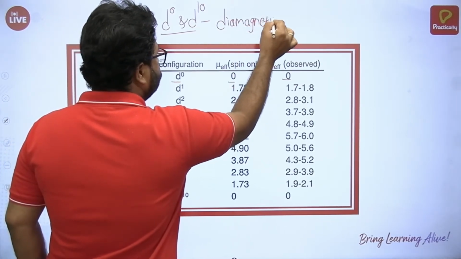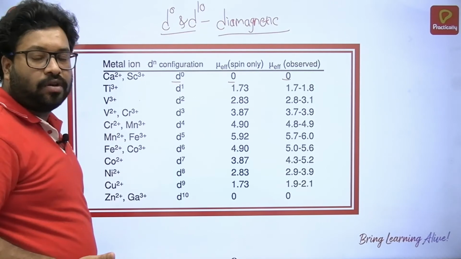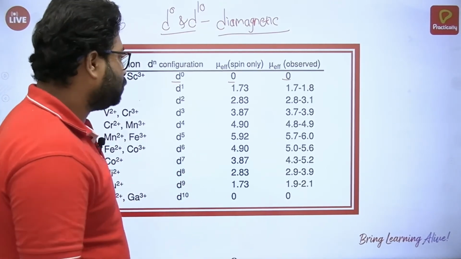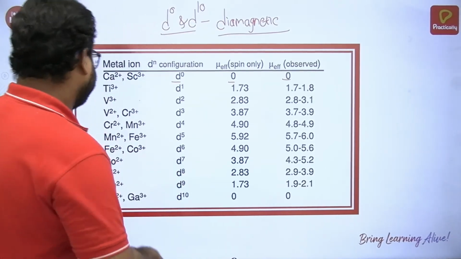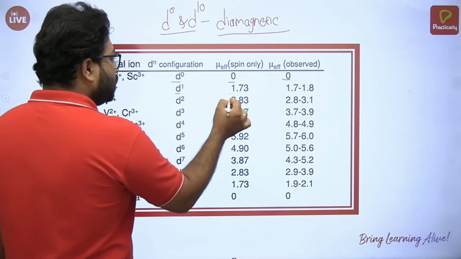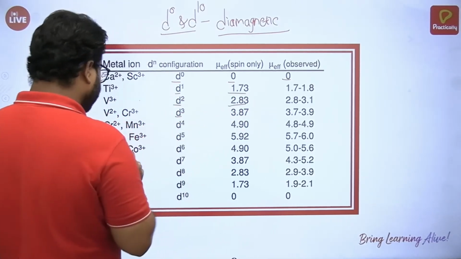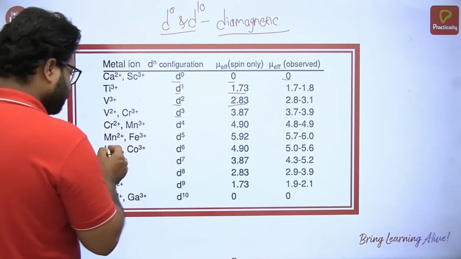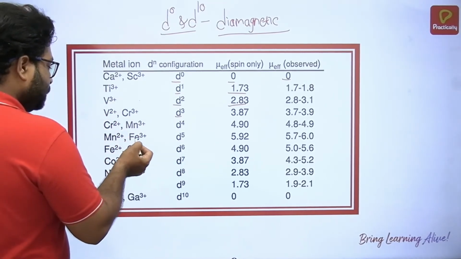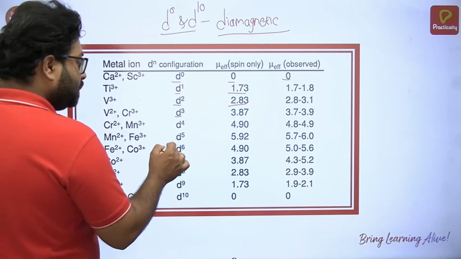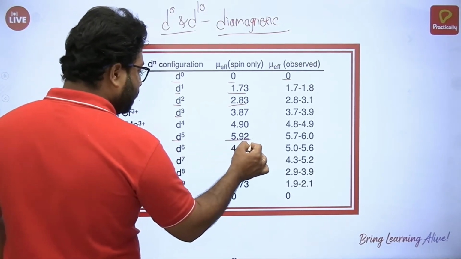If you do not have any d electron, it is obvious for those systems to be diamagnetic. D1 is 1.73 BM, d2 is 2.83, like that, d3, d4. You can see here d5, Mn2+, Fe3+, these are d5 systems, 5.92.